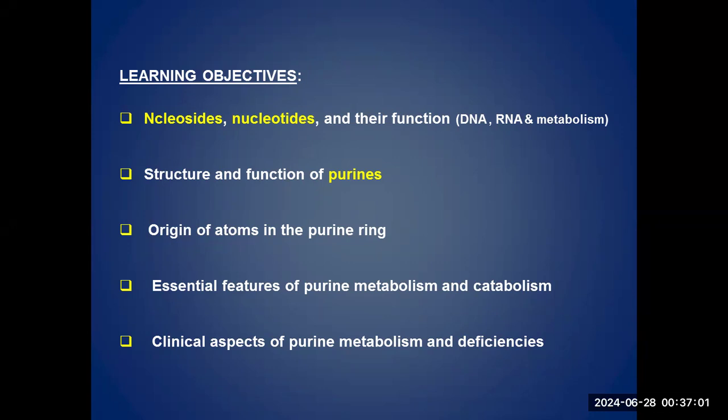Then how purines are synthesized, and the origin of different atoms in the purine ring. Remember that purine is a 9-atom heterocyclic ring, so we'll discuss the origin of each and every atom in the purine ring.